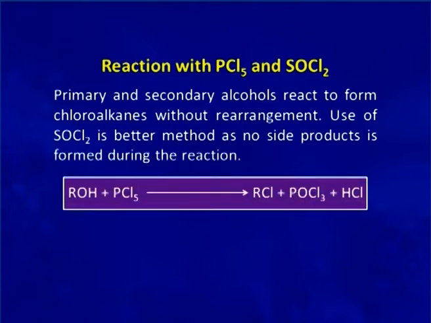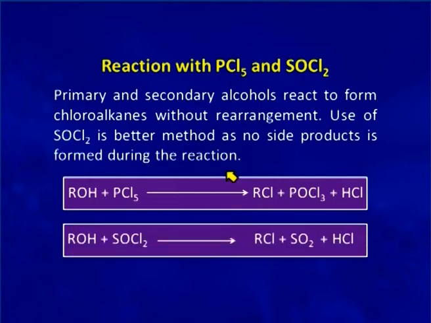Primary and secondary alcohols react to form chloroalkanes without any rearrangement. The PCl5 when reacts with alcohol forms haloalkane along with POCl3 and HCl, whereas thionyl chloride forms sulfur dioxide and HCl.